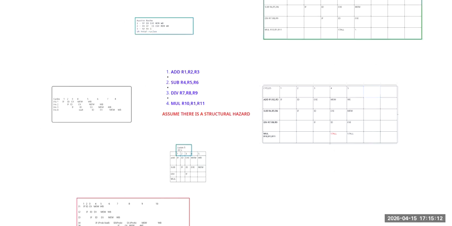So at the sixth cycle, instruction 2 enters into the write back stage. Instruction 3 enters into the memory access stage. And instruction 4 still has to wait.